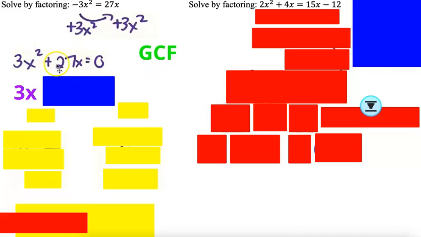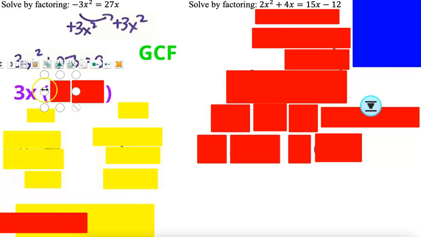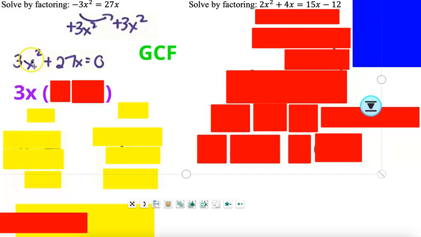So the greatest common factor of these 2 terms is a 3x. After you have your GCF, you are going to factor or reverse distribute this problem. I've got 2 terms, so I'm going to have 2 terms in my parentheses. So I'm going to ask myself 3 times what is 3? That's a 1. And then x times what is x squared? So x.